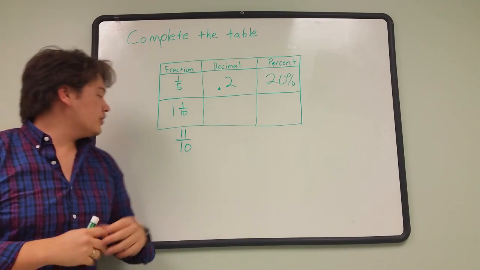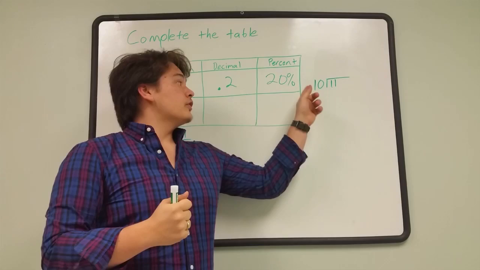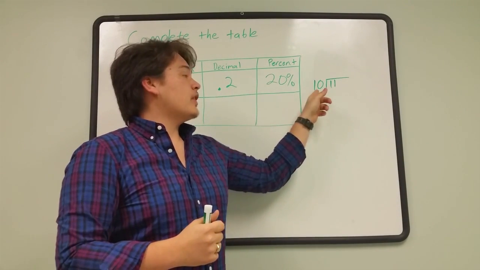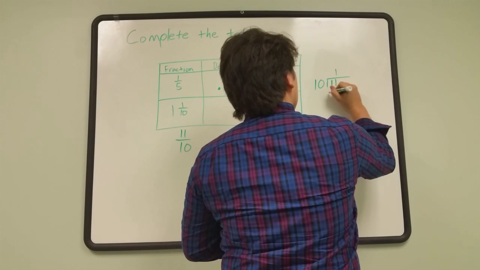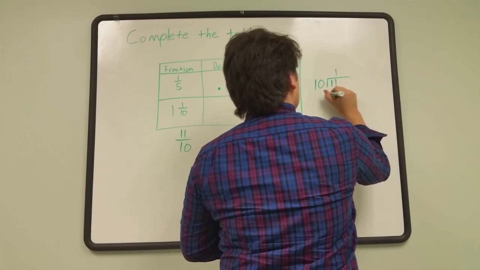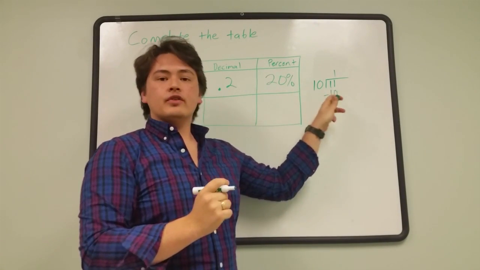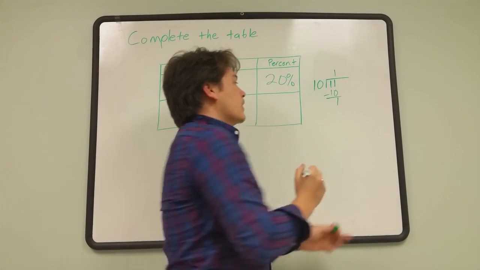From here, we're going to divide the denominator into the numerator. So we have 10 dividing into 11. 1 times 10 is going to give me 10. 11 minus 10 is going to give me 1.